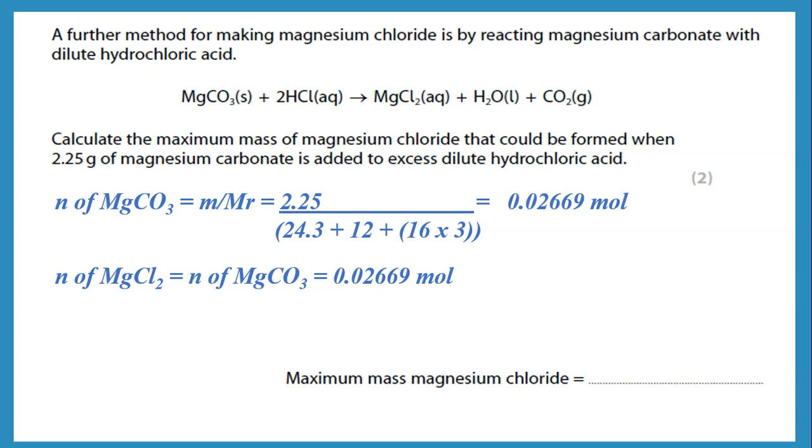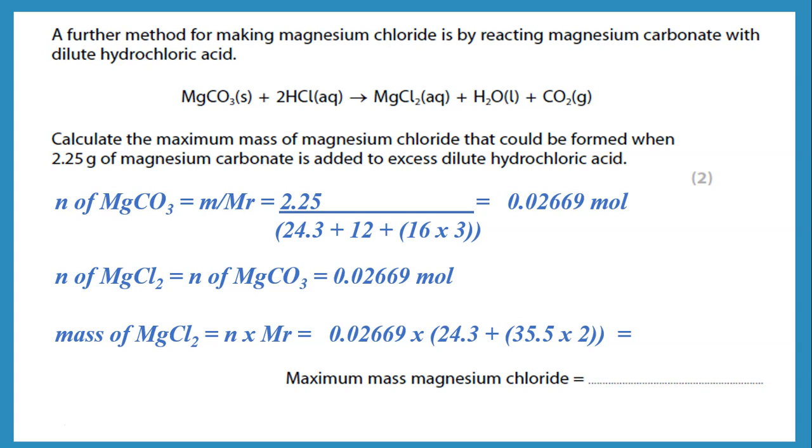Now I have number of moles. We're required to get what? We're required to get mass. Then mass is number of moles times Mr of the magnesium chloride, and that gives me a mass of 2.54 grams. Were you able to calculate it on your own?